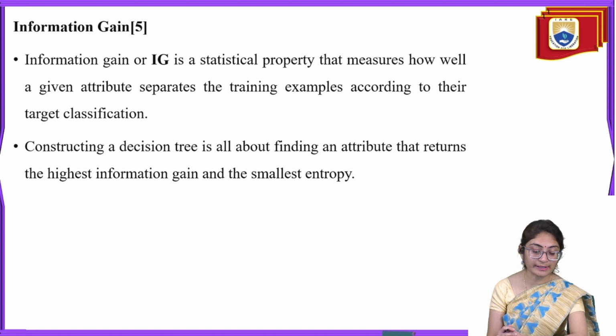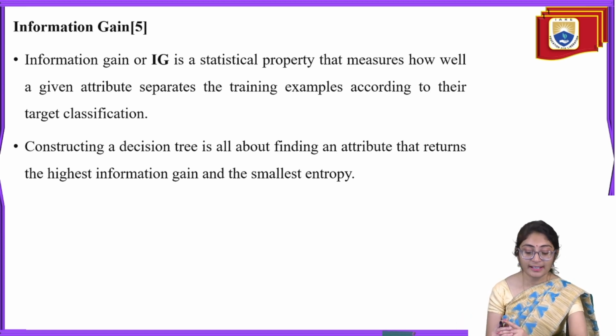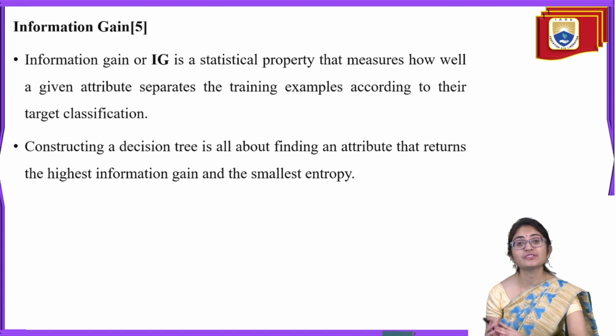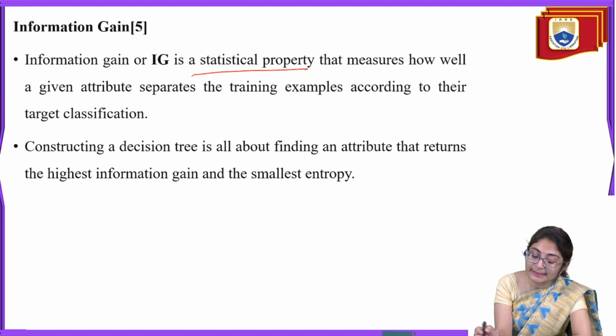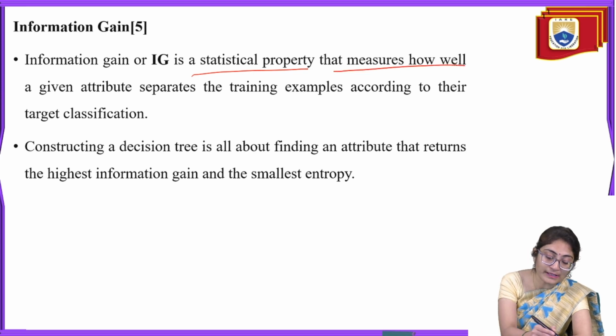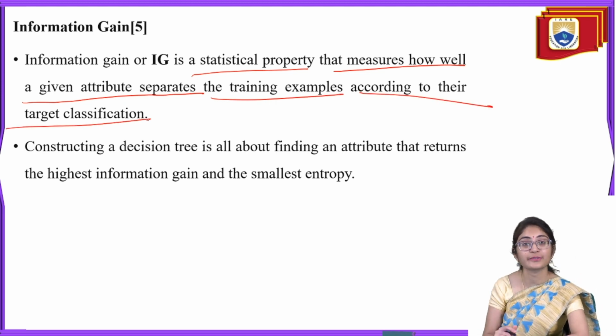Now, information gain. What is meant by information gain? We can also denote it as IG. It is a statistical property that measures how well a given attribute separates the training examples according to their target classification.